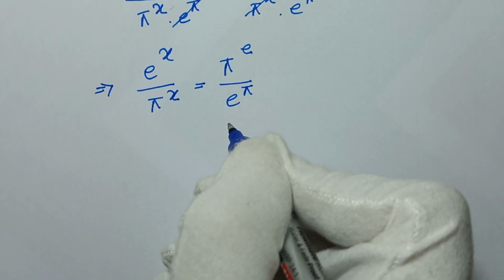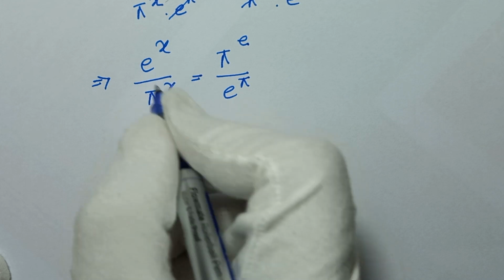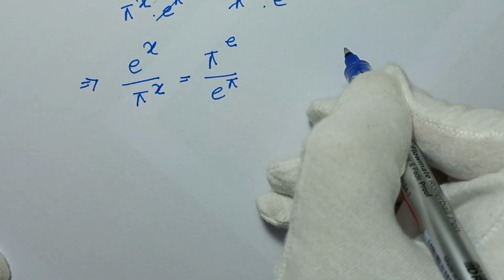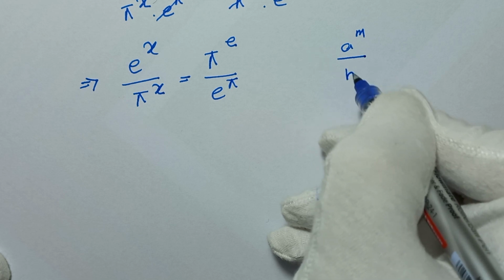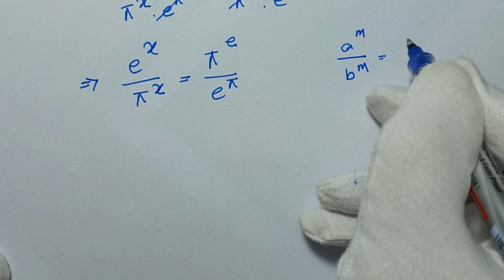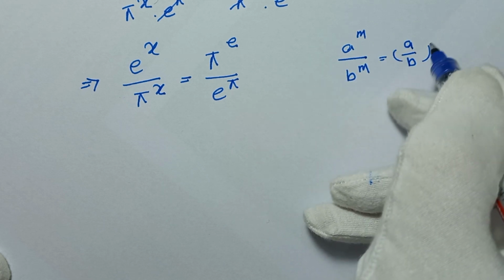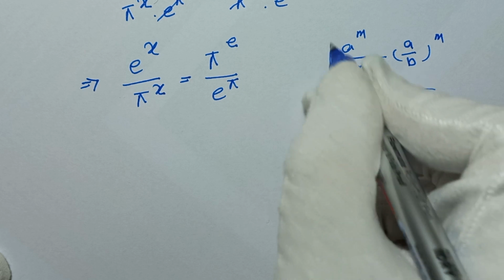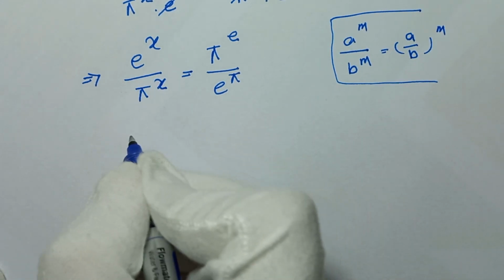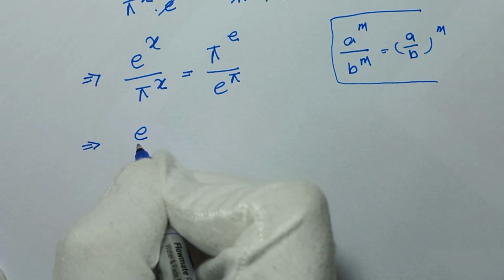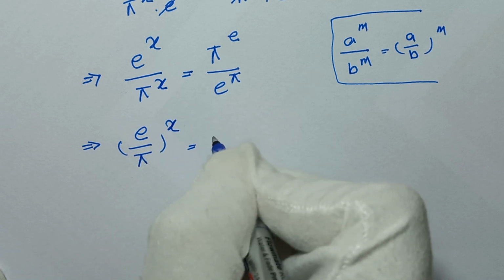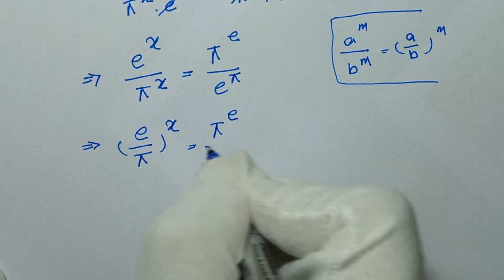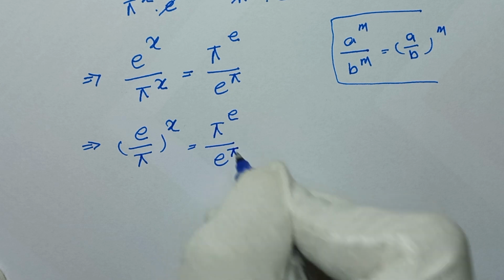And in the next step, as you know, if we have a to the power of m over b to the power of m, we can write this as a over b to the power of m. So in here, we can write this as e over pi to the power of x equals pi to the power of e over e to the power of pi.